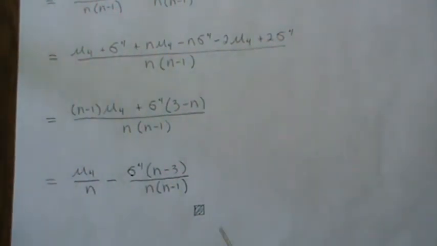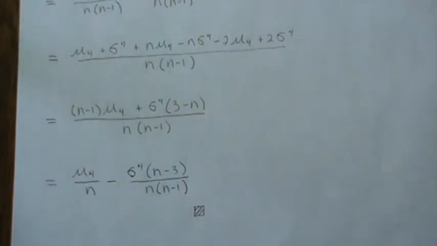Now, one reason that I'm doing this is that in the next video, we're going to look at how to use projection to determine normality or asymptotic normality. If you have a statistic that is not a sum of independent random variables, you can't use the central limit theorem.